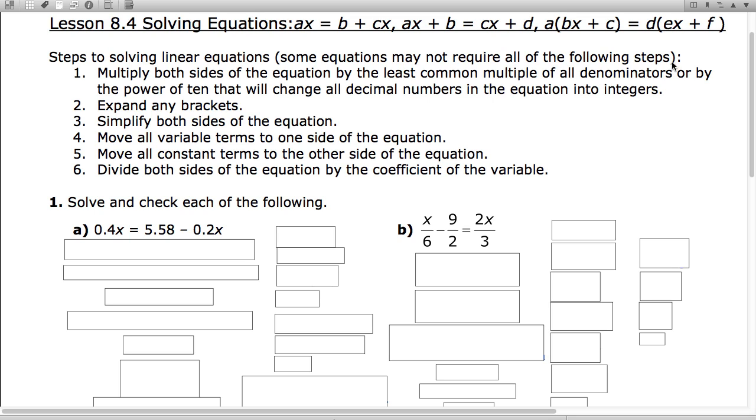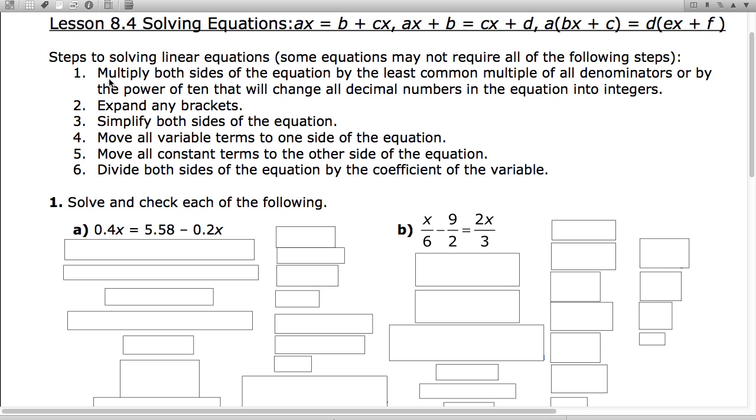It's really important to realize at this point that the methods we had before, either the method of inverses, which is just figure out what's being done to x and undo it in reverse order, and a little bit of cross multiplication, are not going to be enough, which is why we've got this whole big long list of steps that we potentially may need to take. Some of them are going to be optional, some of them we won't have much choice, we're going to have to use them. So anyways, let's take a look.